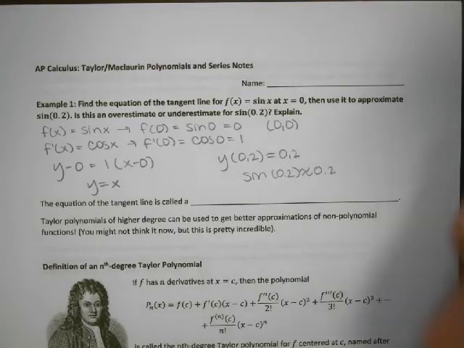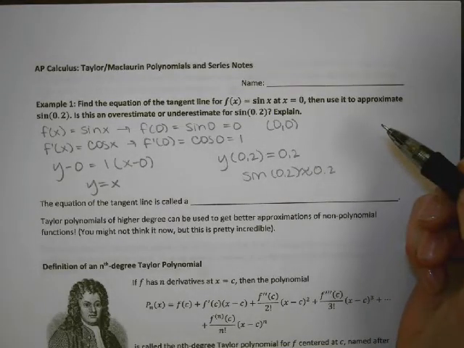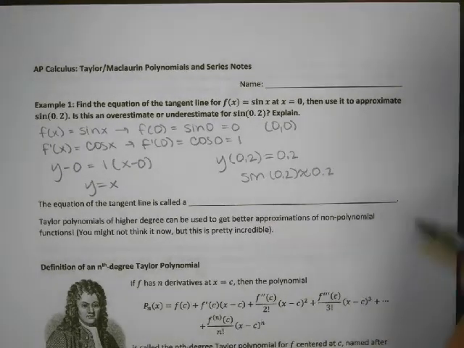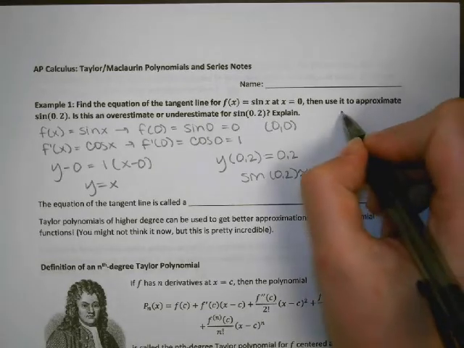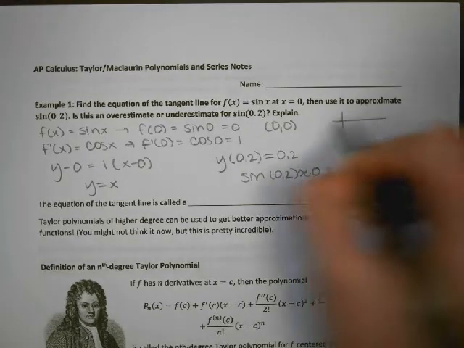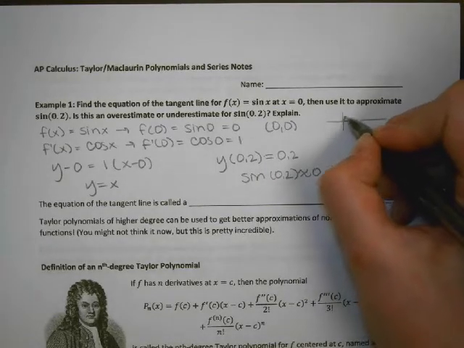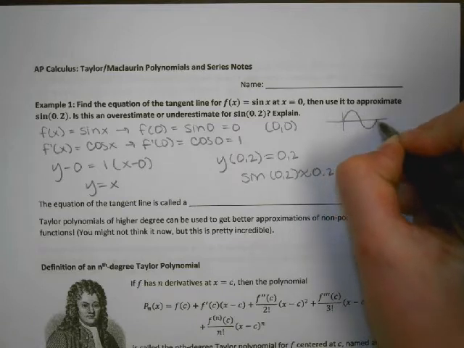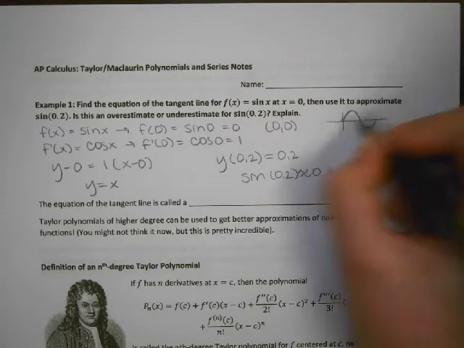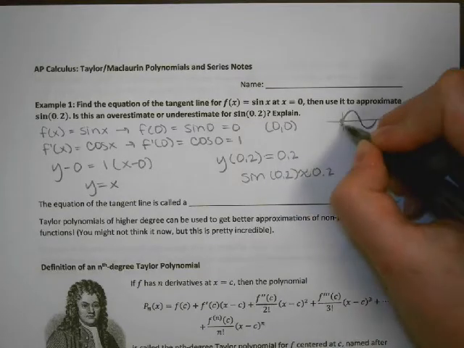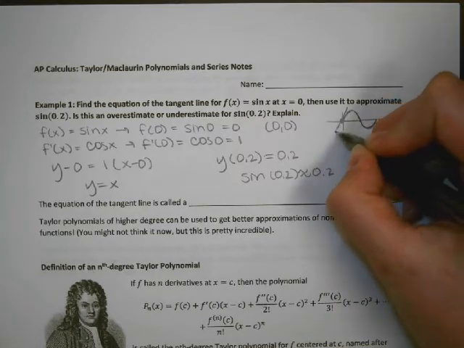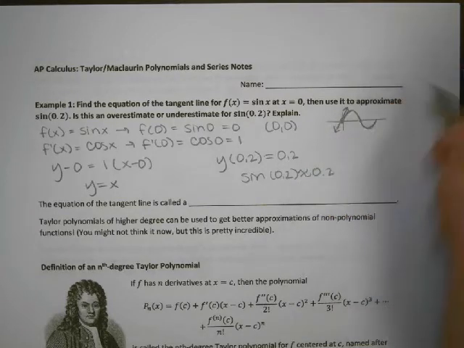If I want to see whether this is an overestimate or an underestimate using some calculus, I just have to picture the sine curve and see whether it's concave up or concave down. The sine curve looks like this, and our tangent line was right there at 0, which is in between concave up and concave down.